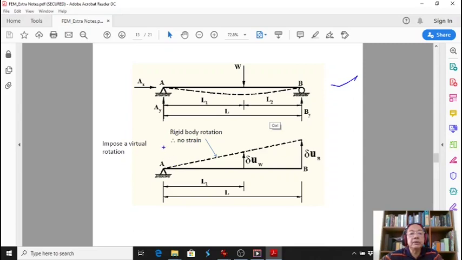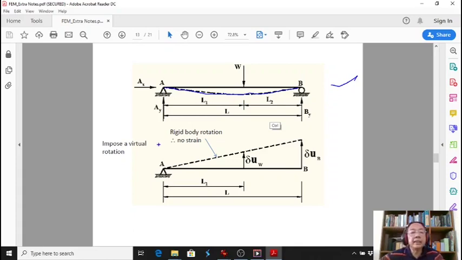We impose a virtual rotation. This is the beam, and this line represents the real deformed shape.